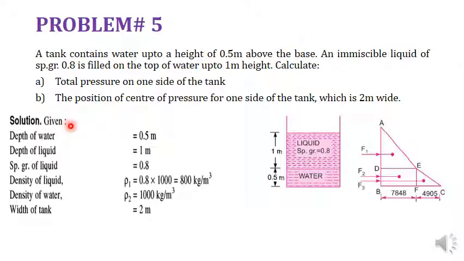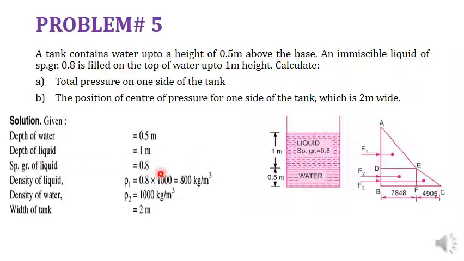Now, if we talk about the given data, the depth of the water is 0.5 meters. Here you can see in the diagram on the right side of the slide that one tank is filled at the bottom with water, and above the water it is filled with a liquid having a specific gravity of 0.8. So the depth of the water is 0.5, and above that the depth of the liquid is 1 meter.